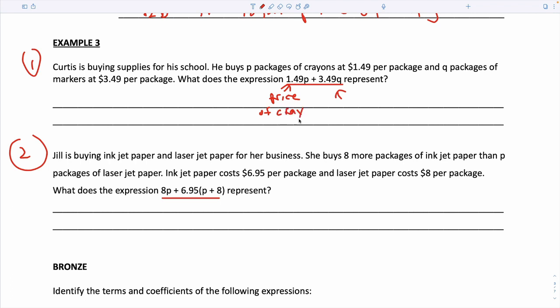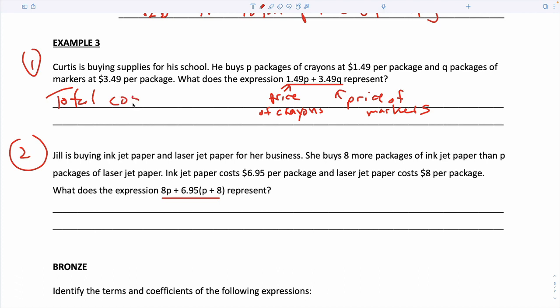Right. So that's price of crayons. This one would be price of markers. Flip flop. And then the total thing, if you add it up, they really want to know the expression. It means what in the end. If you added those together, Porter, what am I going to find? If you add the price of crayons and price of markers, what do you get? Porter. Yeah, your total cost.